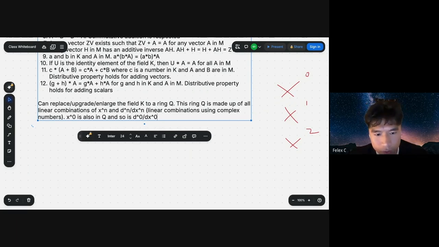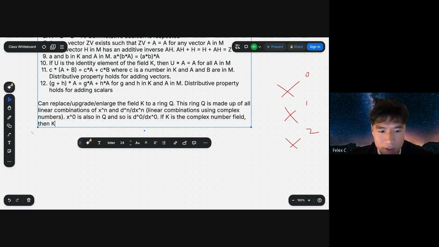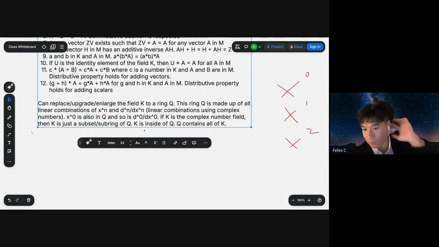So you will probably notice after a little bit that, wait a minute, if K is the complex number field, then K is just a subset or subring of Q. K is inside of Q. Q contains all of K, if K was the complex number field.